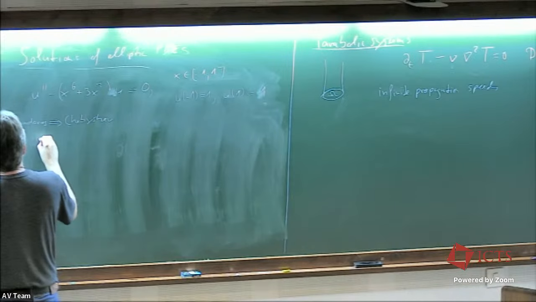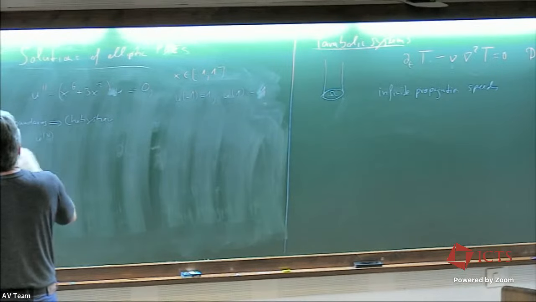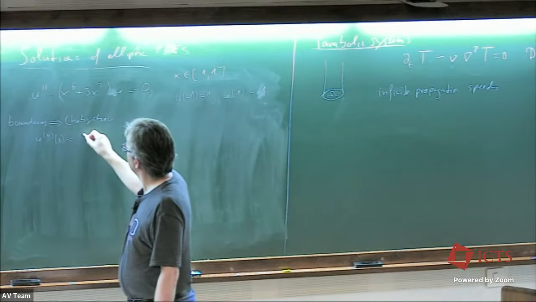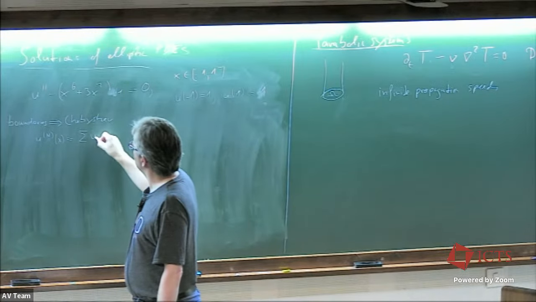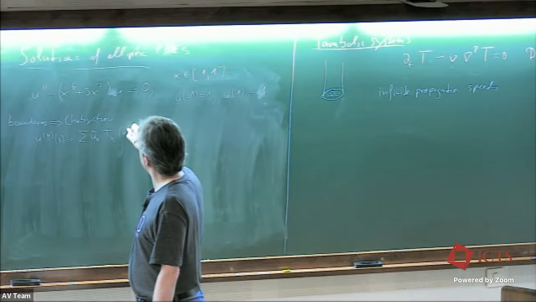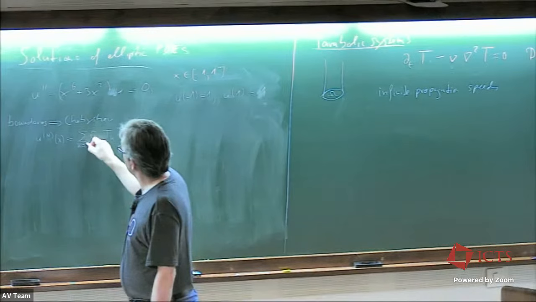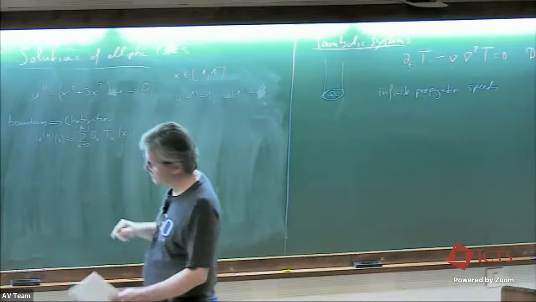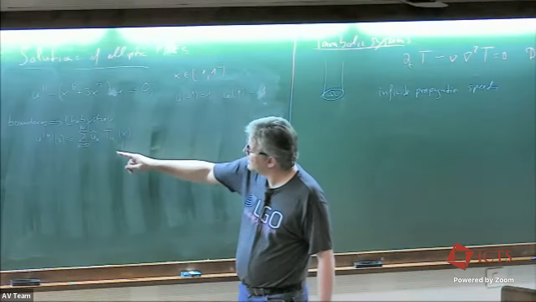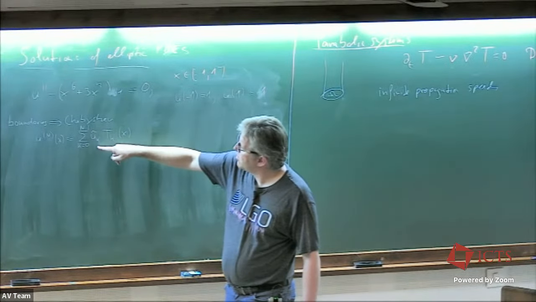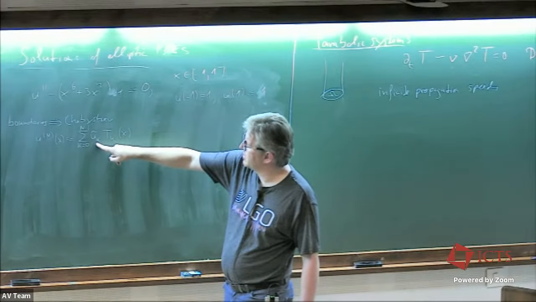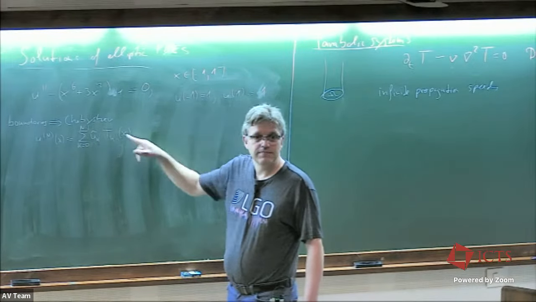We approximate our solution as u_N of x, and this is going to be our usual Chebyshev expansion, k goes from 0 to N minus 1. No big surprises so far. At this point, the u tilde_k are the ones that parameterize the solution. If I find the right u tilde_k, I would be done.